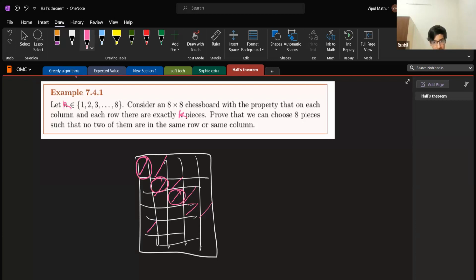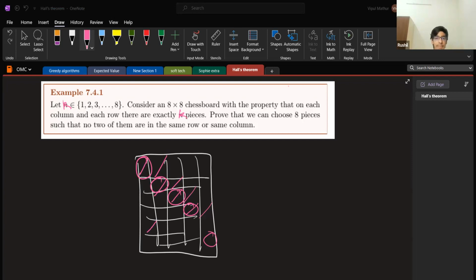So you want to pick this one, this one, this one, something from here, something like that. If you know how rooks move, no rook can capture another because they're not in the same row or same column. So that's the idea here.